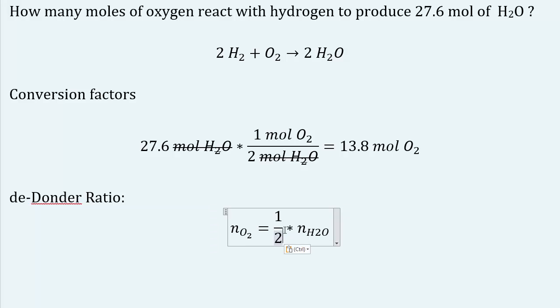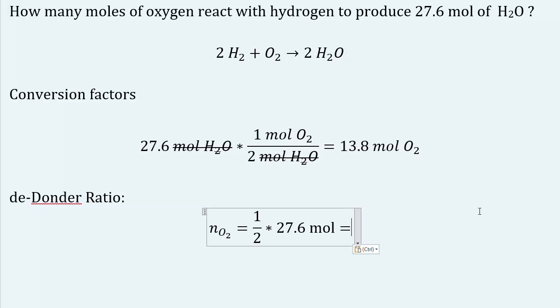The stoichiometric numbers are dimensionless quantities, so we have to solve only for the value without units. Finally, we solve for the amount of substance of water, 27.6 mole.